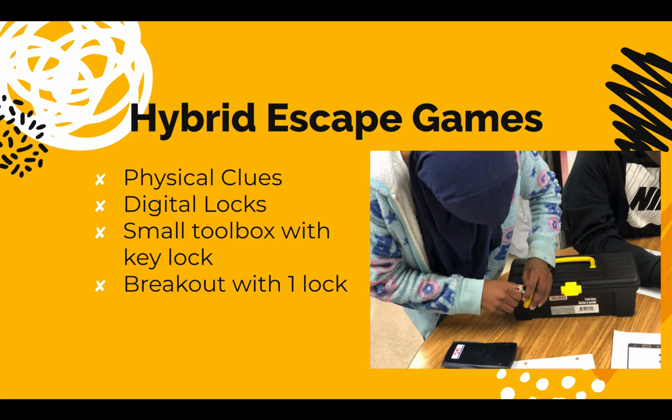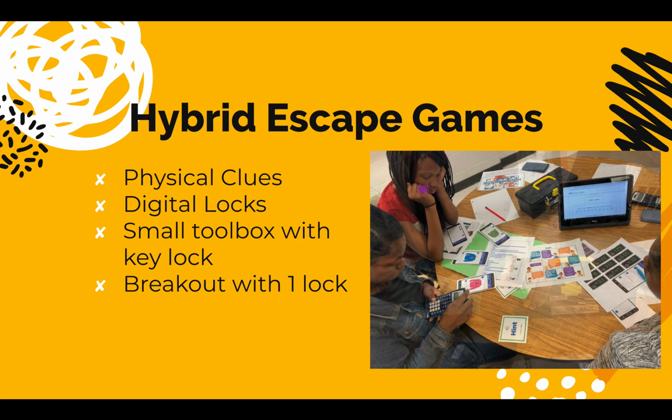I also use a small toolbox that I like to hide clues in, and then I just buy a keyed lock for each toolbox, and then I can hide those keys around the room.